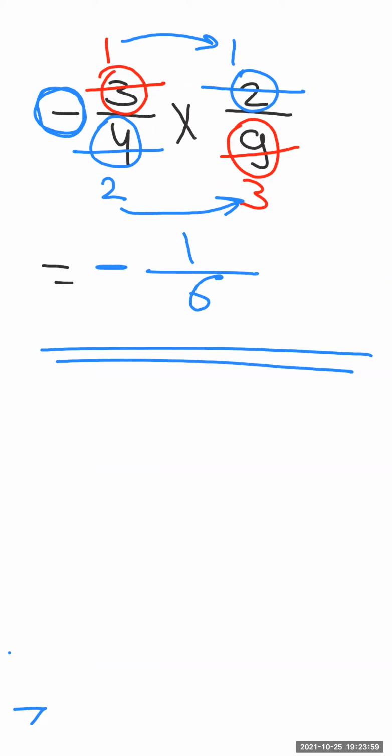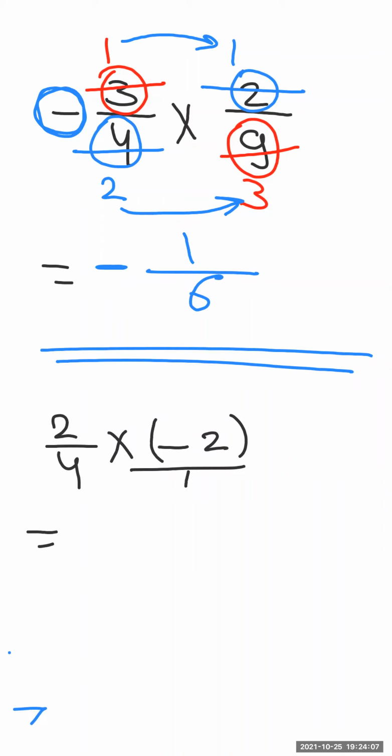One more question. If I want to multiply a fraction like 2/4 by a whole number like -2. So of course, this -2 is -2/1. Any whole number is over 1. So now, multiply, or otherwise simplify first. So simply we can simplify 2 and 4.